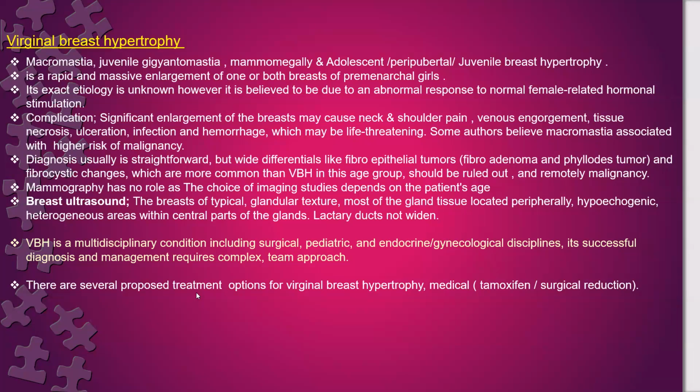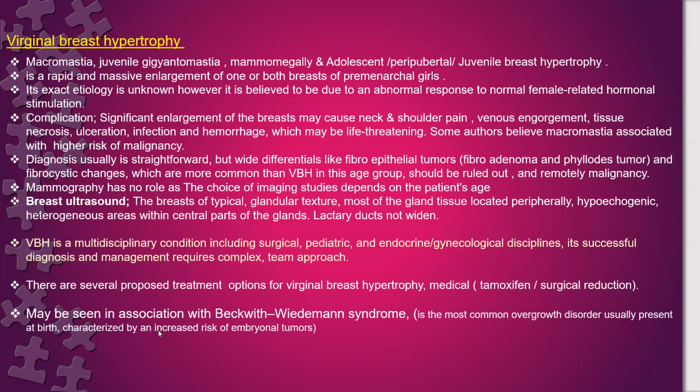There are several proposed treatments, mainly surgical reduction, but sometimes they give tamoxifen to inhibit glandular proliferation after surgery. They might expect it to recur, because the surgery does not remove the whole breast, they are making a reduction, and the same etiology is there and might cause proliferation again.